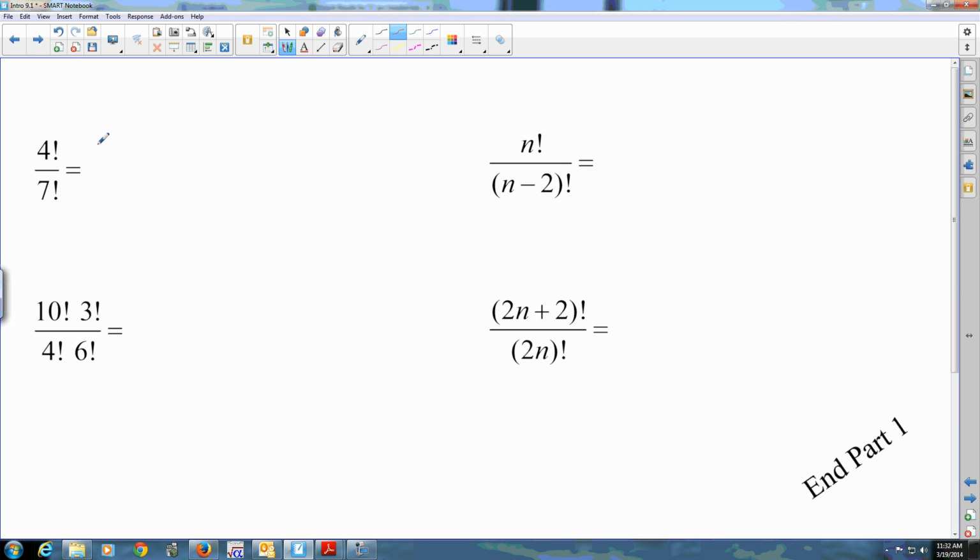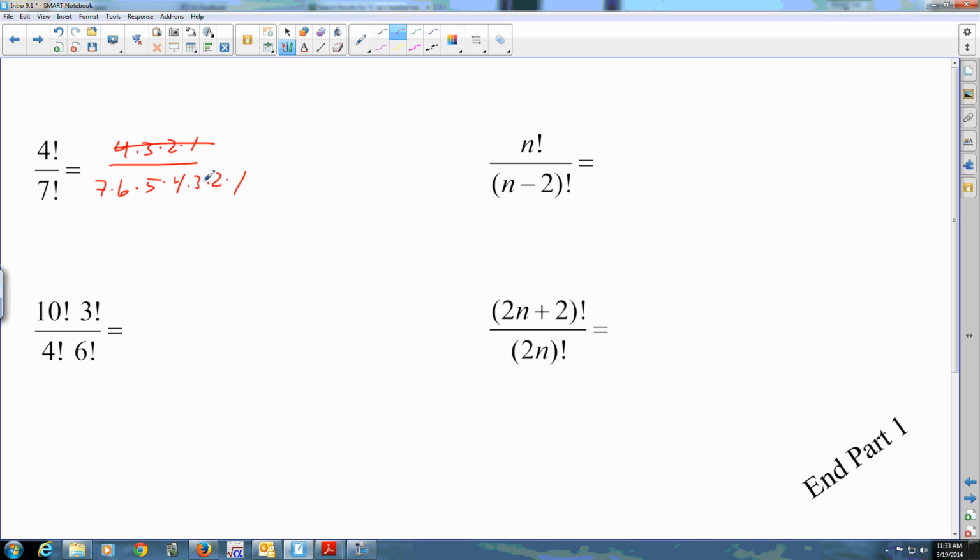So how to simplify this is, I want you to note for a second that would be 1 times 2 times 3 times 4, or I suppose you could also call it, and sometimes this is helpful, if you go backwards, 4 times 3 times 2 times 1 over 7 times 6 times 5 times 4 times 3 times 2 times 1.